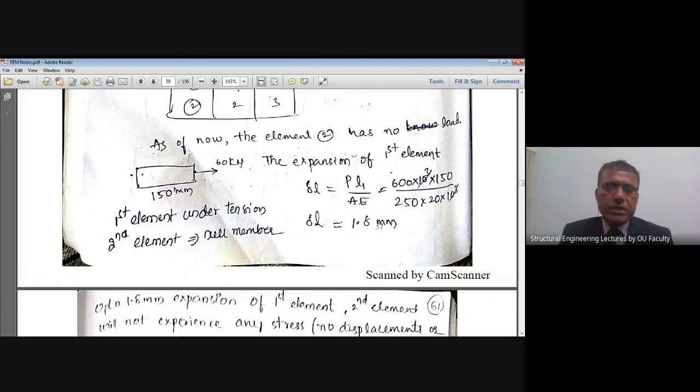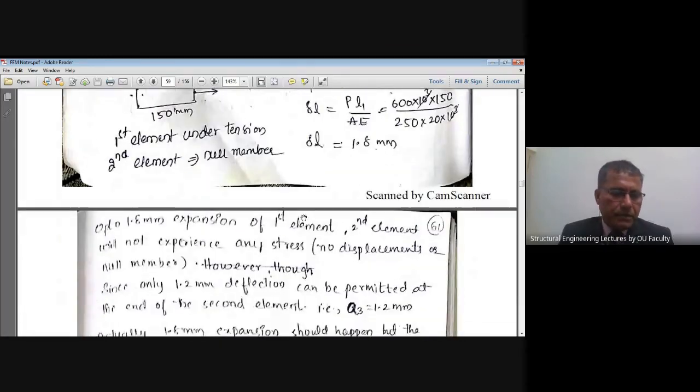Doing which, I get the extension as 1.8 mm in the right-hand direction. If this element is applied with a 60 kilonewton load, it will try to expand by 1.8 mm. Element 1 will be under tension.